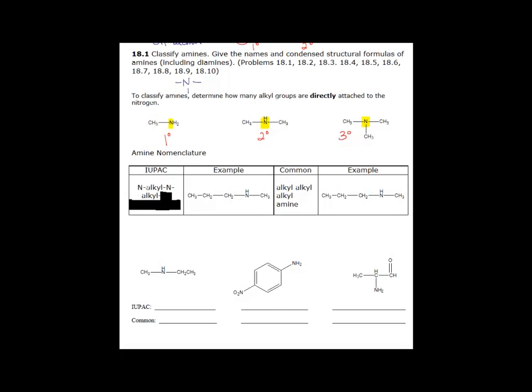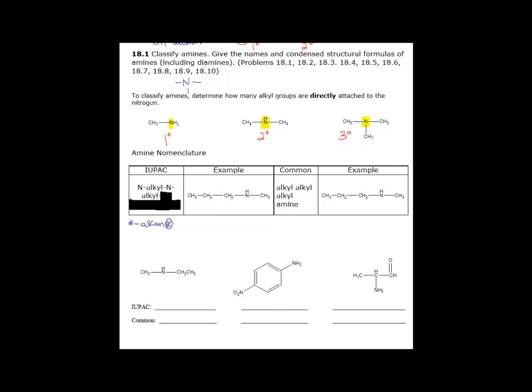So when you're naming amines with IUPAC nomenclature, in alkyl, that's if you have any alkyl groups coming off the nitrogen, which we'll go through in just a second, you need to indicate that it's an amine by adding a suffix, a number, and then alkane.